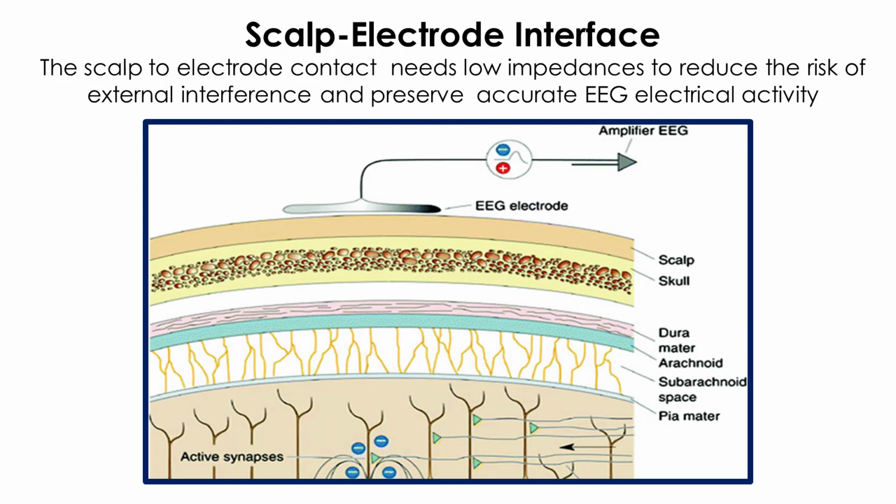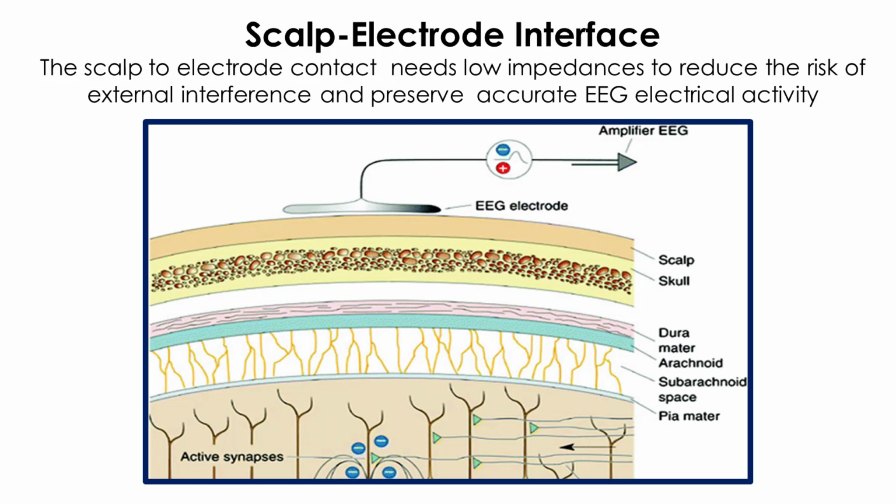Some of the adhesive that we use secures the electrode on the top, but underneath we need to make sure that we are using an abrasive prep gel such as NuPrep, for example, to remove any dead skin cells, oils, or any products that can possibly impact the direct contact from the scalp to the electrode.